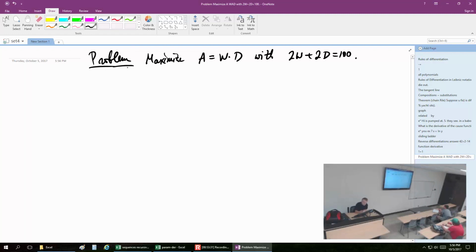At this point, you can do it the way the farmer did: you vary W and D arbitrarily and create a table of areas. W here, D here, so 0, 1, 2, 3, and then compute the area.